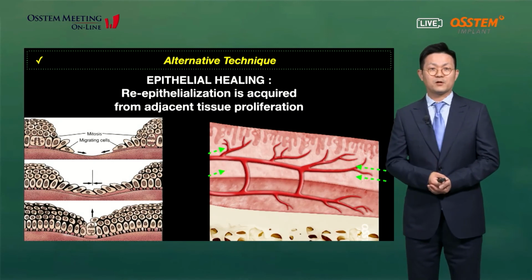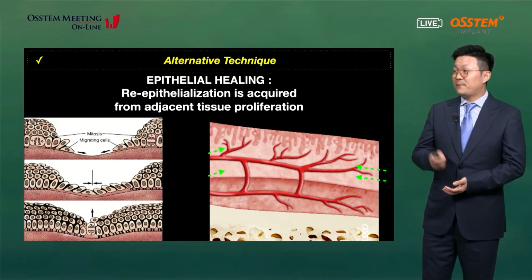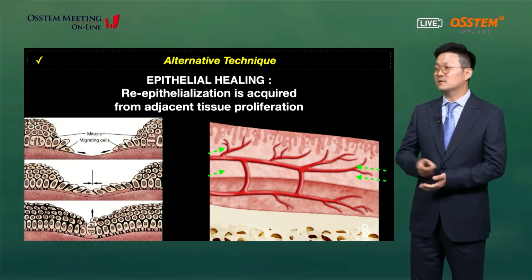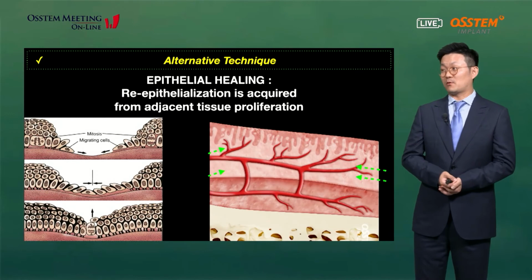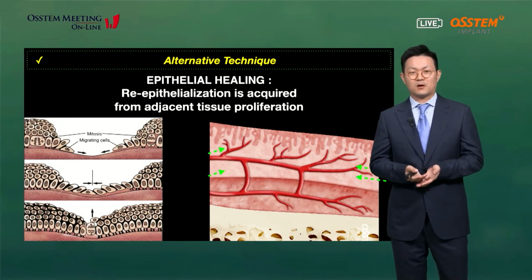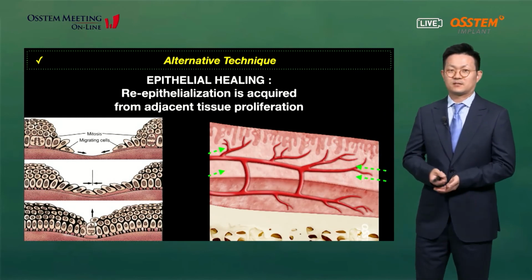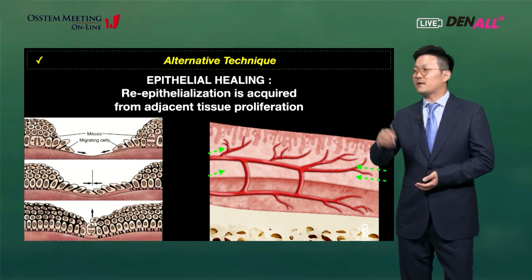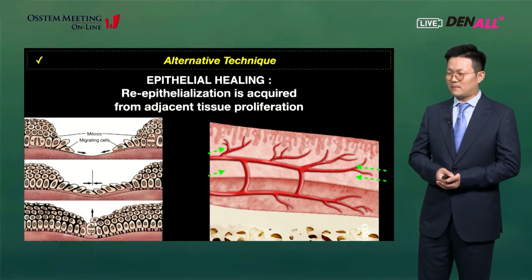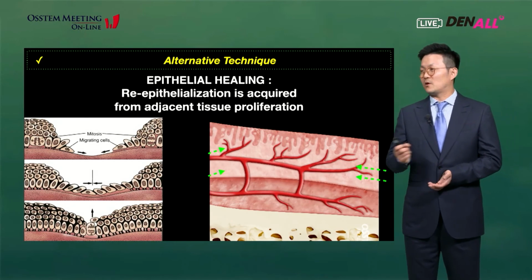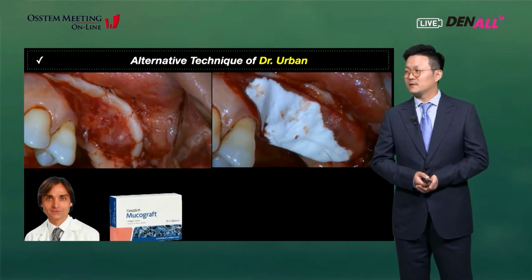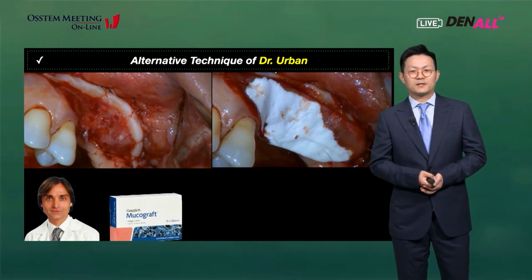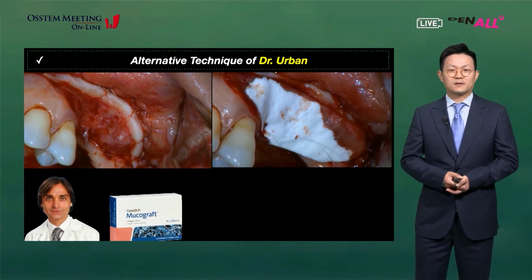And we have to remember that epithelial healing is acquired from adjacent tissue proliferation, not from the underlying periosteum. If we have this insight, we can use another technique. Dr. Urban told of another alternative technique.